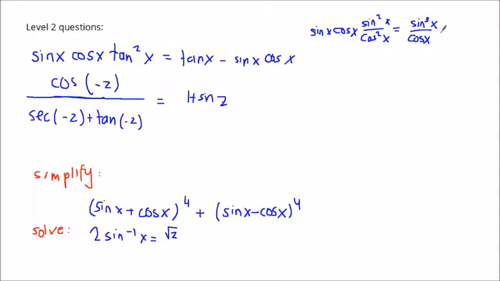Right, and then this is actually equal to tan x sine squared x. And since it's tan x sine squared x, we can actually convert this into tan x times 1 minus cosine squared x.